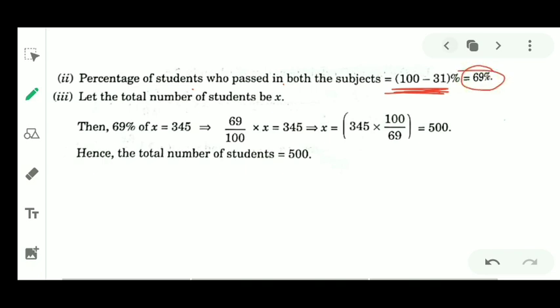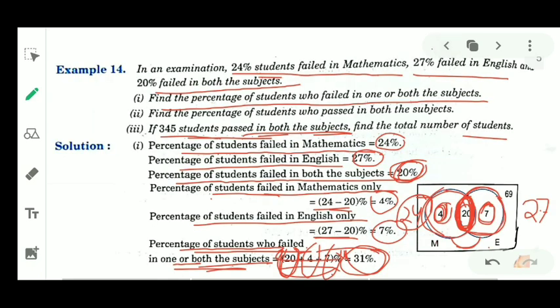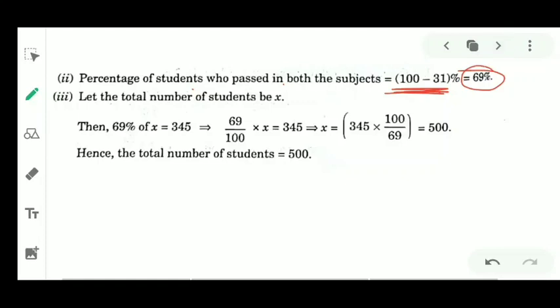Okay, then last we have, if 345 students passed in both the subjects, then find the total number of students. So let the total number of students be x. Then 69% of x equals 345. So 69 by 100 into x equals 345.